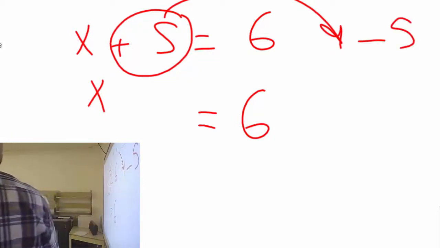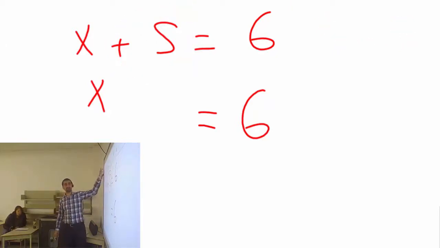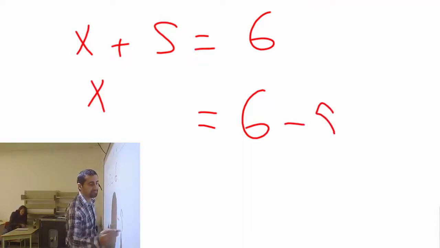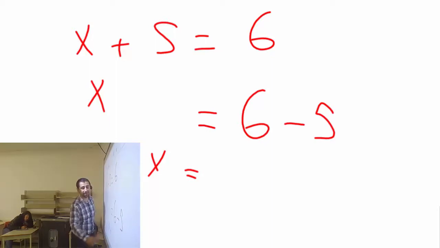Always the opposite sign. So when we have a problem like this, I know that +5 on the other side will become -5. Then my equation is balanced. That's the shortcut. So, what is 6 minus 5, which is 1? That's the short one.